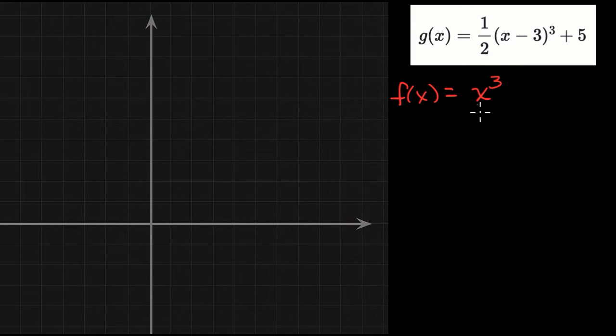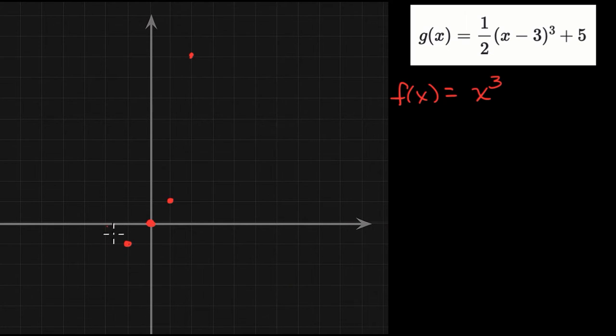So what does f of x equals x to the third look like? Well, f of 0 is 0, f of 1 is 1, f of negative 1 is negative 1, because negative 1 to the third is negative 1. And then f of 2 is, let's see, 1, 2, 3, 4, 5, 6, 7, 8. It'd be right over there. On this side, it kind of falls off.